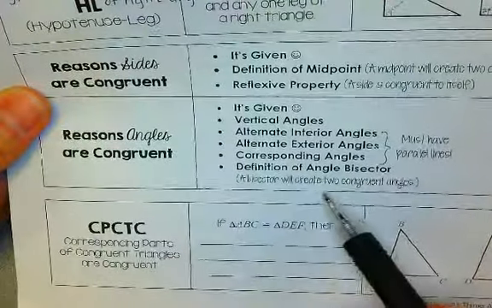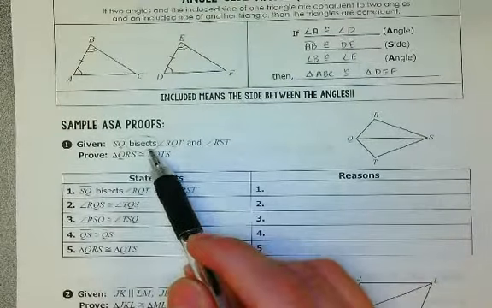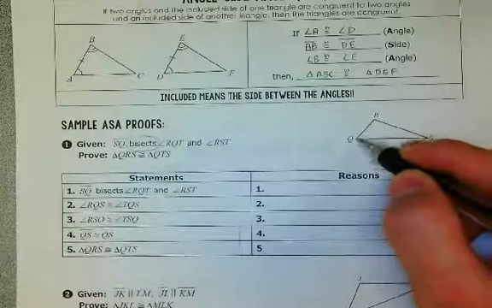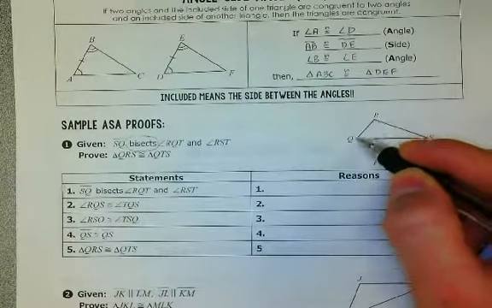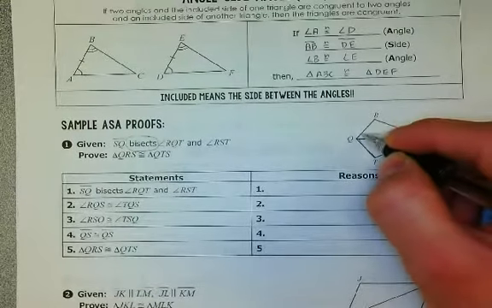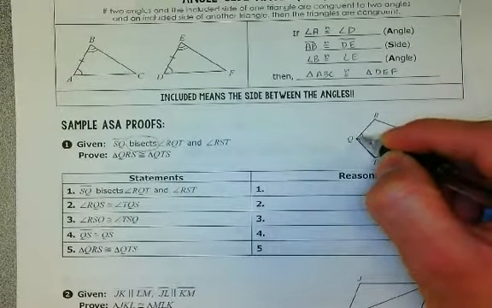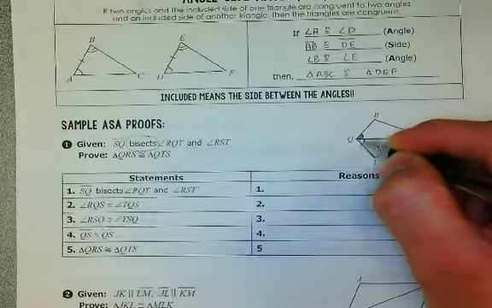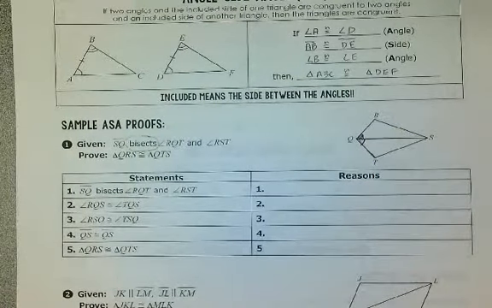That's what the definition of a bisector is. So we have bisects angle RQT. So RQT is this big one right here. If I bisect RQT, I'm going to get a congruent angle here. I'm going to get one right here as well.